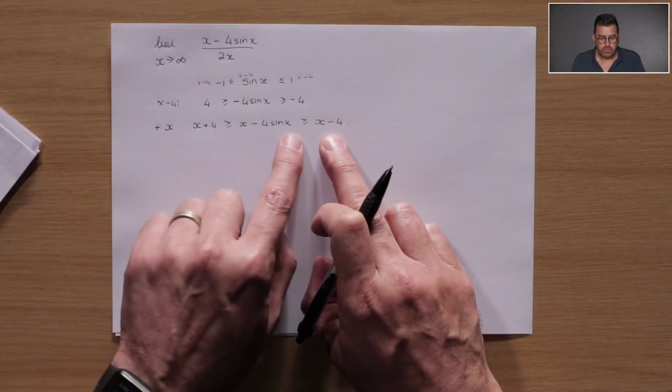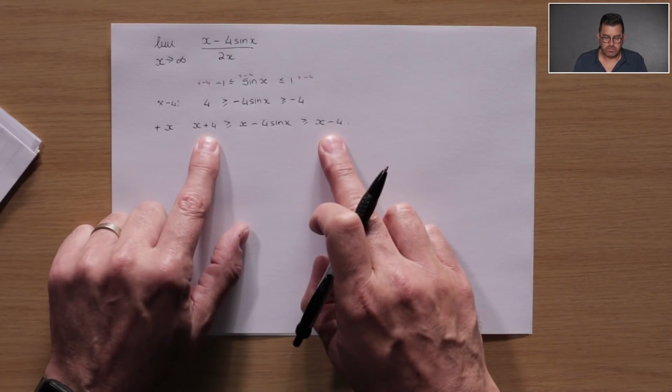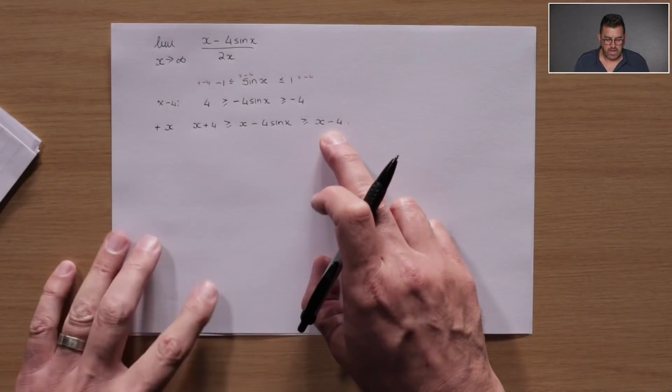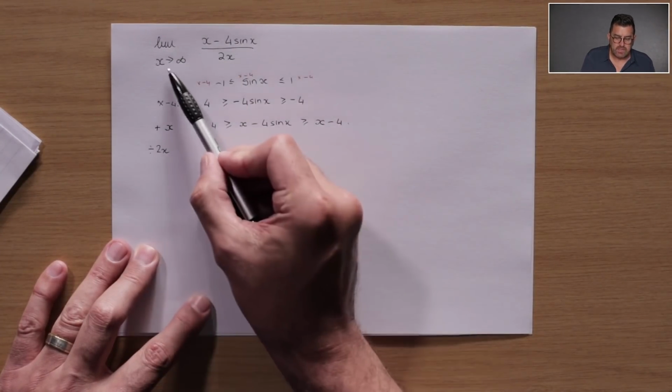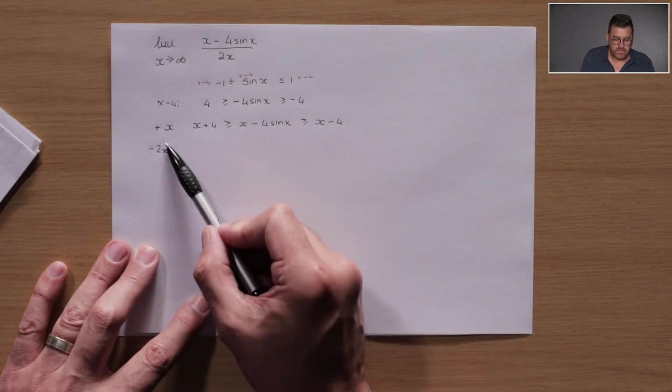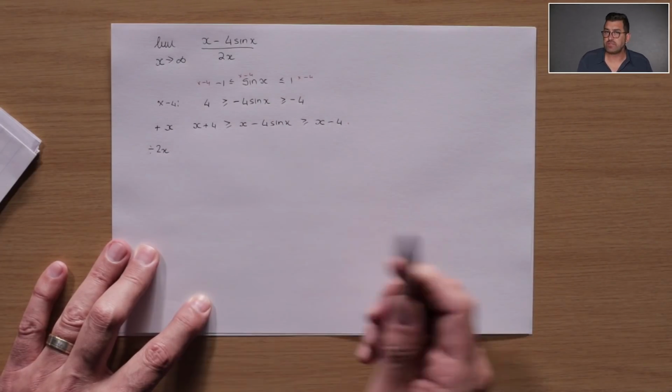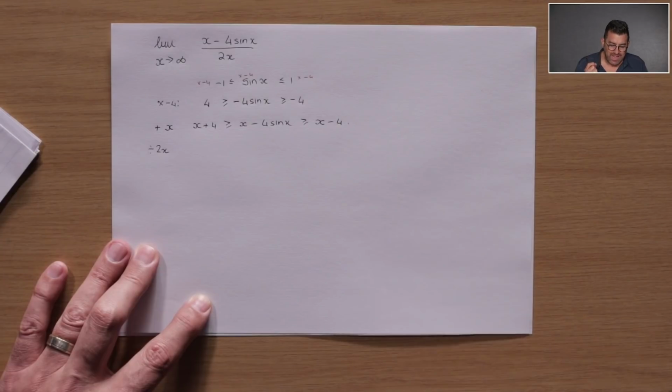So far, the numerator is being squeezed by those two. I now need to divide by 2x. And again, because I'm going towards positive infinity, if I divide by 2x, 2 is positive, x is positive, so the 2 does not change anything.